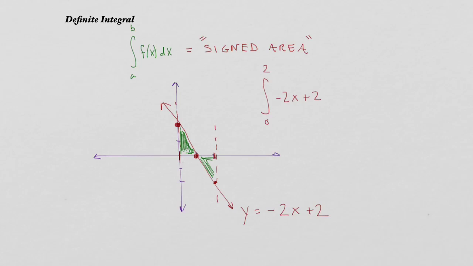And by the way, I could do this without any calculus, right? I could just find the area of these triangles using 1/2 times base times height. It's pretty quick and easy. 1/2 times base times height would be 1/2 times 1 times 2, which is 1. And then the triangle down here has the same area of 1, but it is a negative area.